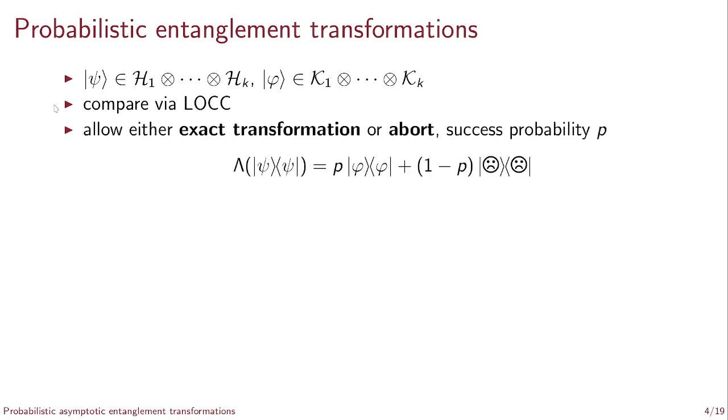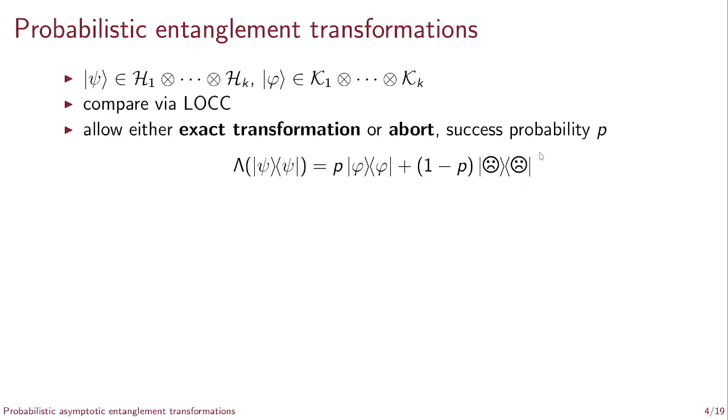And the way this becomes probabilistic is that we allow the protocol to abort with a certain probability. So this is how I can write this down. When we act with the channel lambda, which is an LOCC channel, on the initial state psi, then with probability p, we get the state phi, and with probability 1 minus p, we get some other junk state.